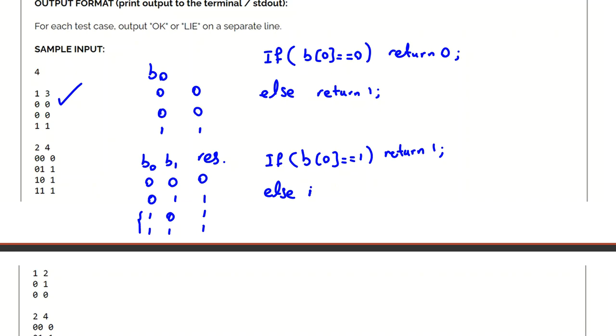So else if b1, we can check this one or this one, both of them correct. For example, I say, okay, this. If b1 is 1, again, return 1. Else, so this else means what? b0 0, b1 0. Return 0.